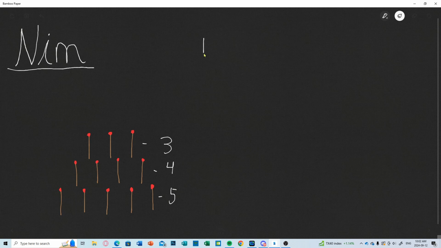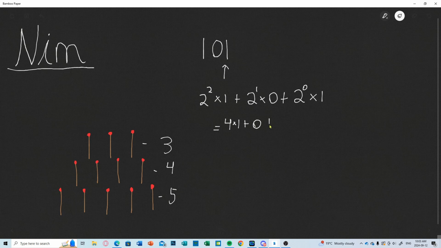For example, if we have the number 1, 0, 1 in binary, it is represented by 2 to the power of 2 multiplied by 1, plus 2 to the power 1 multiplied by 0, plus 2 to the power of 0 multiplied by 1. 2 to the power 2 is 4, so 4 multiplied by 1 gives us 4, plus 0, plus 1, which gives us the final answer of 5.